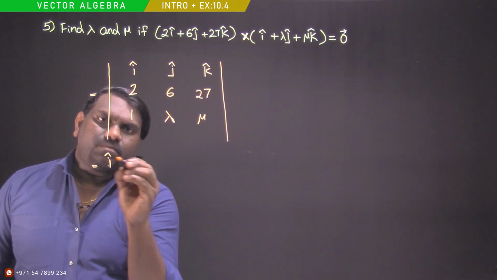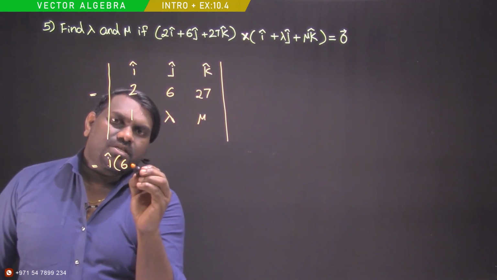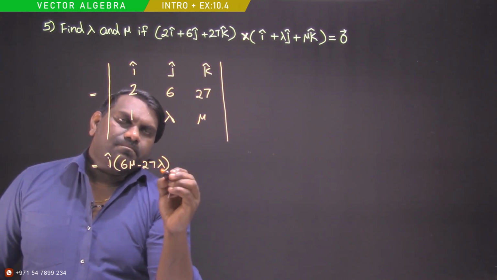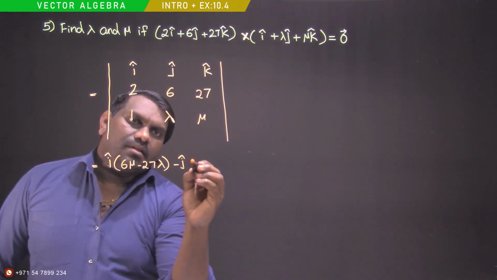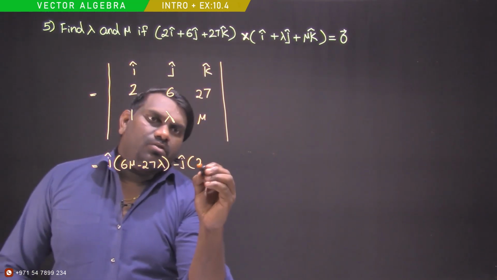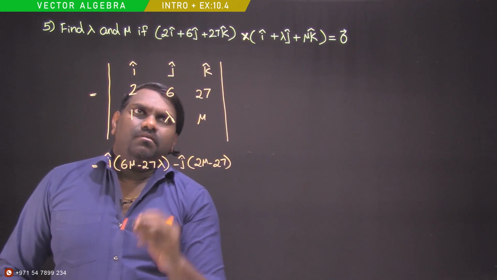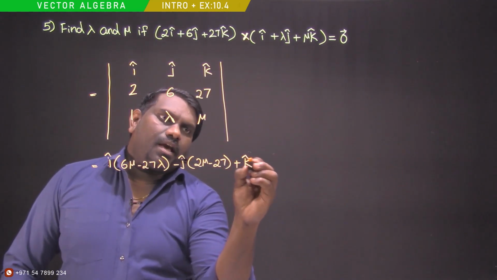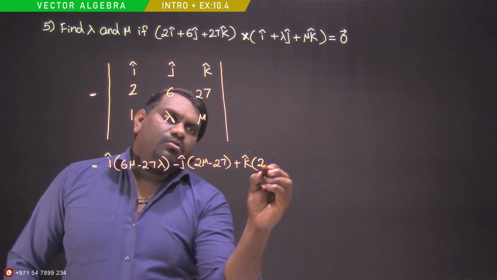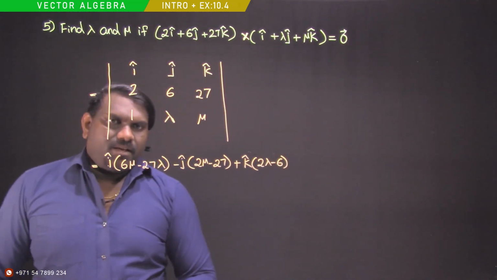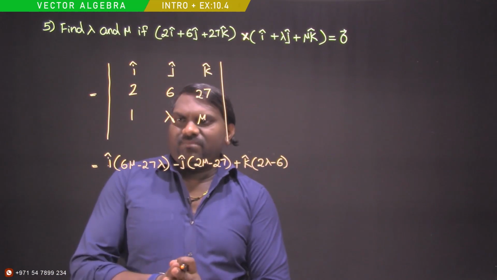I cap into, doing these two together, 6 mu minus 27 lambda, minus j cap into 2 mu minus 27, plus k cap into 2 lambda minus 6. Can you simplify anything? No.